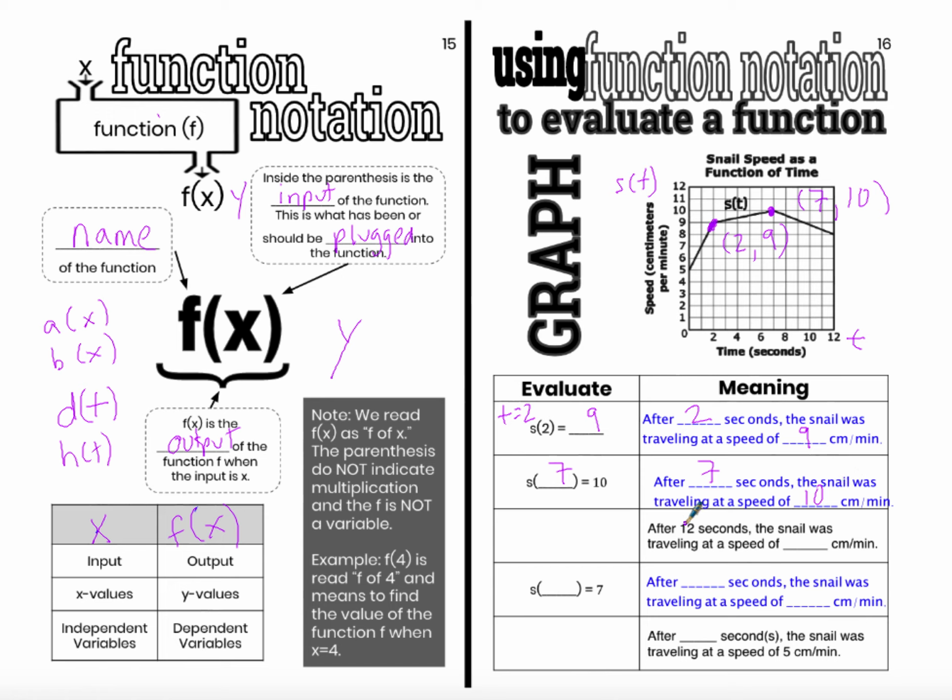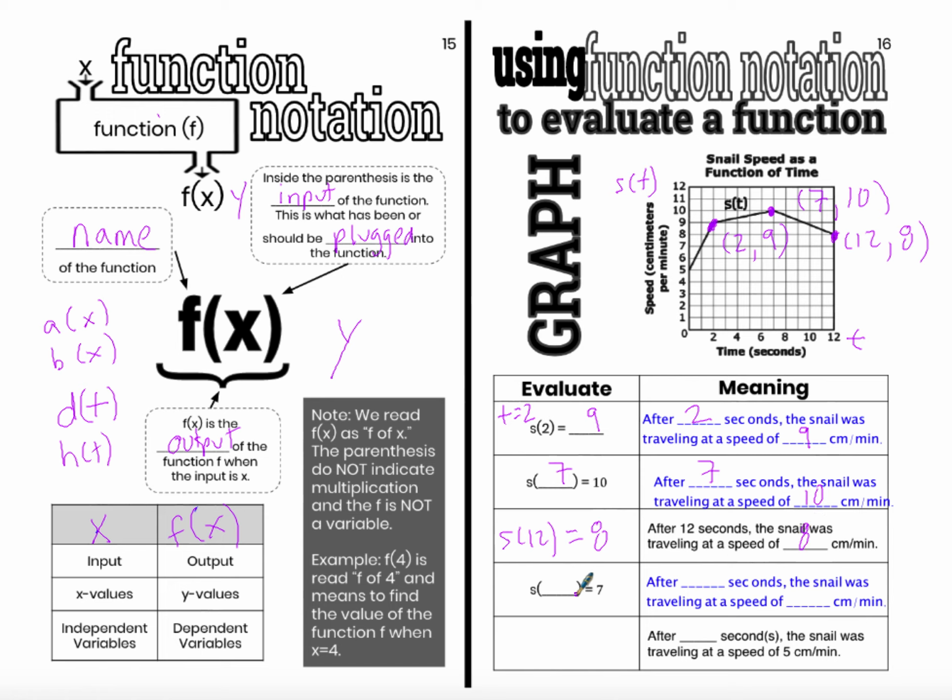Here we're given the input, 12. So I'm asking how fast was the snail traveling after 12 seconds? So input of 12, output of 8. You'll notice I copied and pasted this statement. Every single meaning is going to be after a certain amount of time, independent, the snail is traveling at a certain speed, dependent. So 12 and 8 go together.